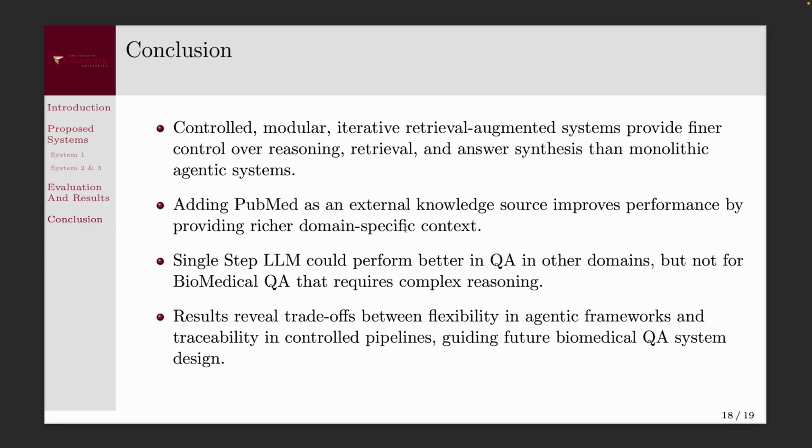As compared to that, in the non-agentic approach we can optimize every step, thereby making the application robust for the biomedical task. And adding PubMed as an external knowledge source improves performance by providing richer domain-specific context.